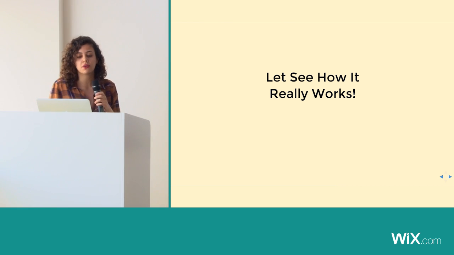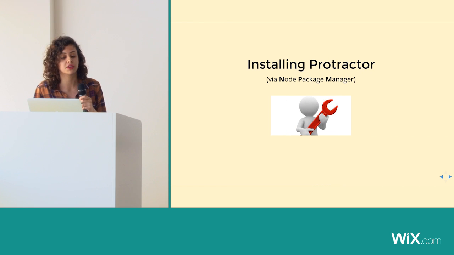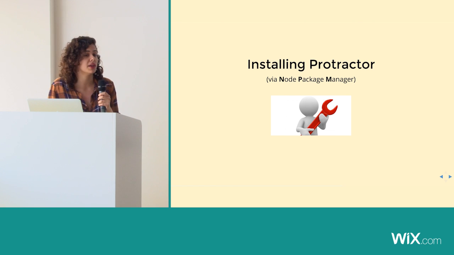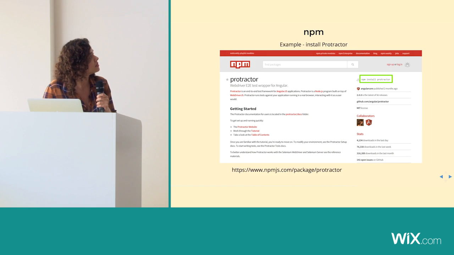All right, so now we're going to see how it really works, how we can install Protractor in our project and use it to run tests. We're going to install it via NPM, which is a manager for all our dependencies for using Node.